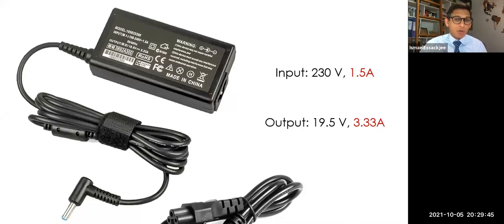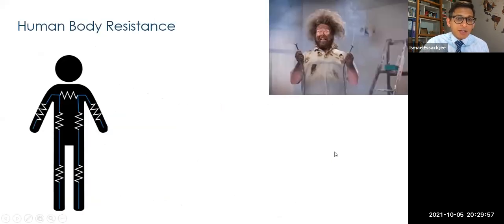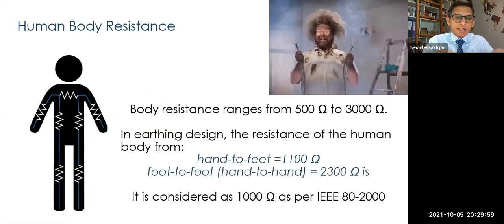Both are quite high. 1.5 is not milliampere, it's ampere, so it's quite high, both for input and output. But let's see whether this can cause fatalities. For the sake of this calculation, this is what we are going to see next.